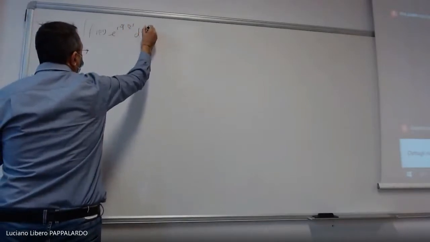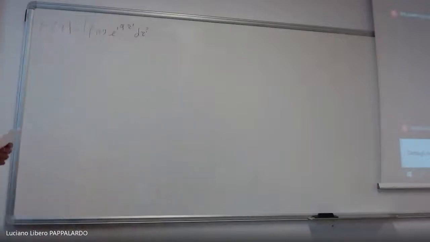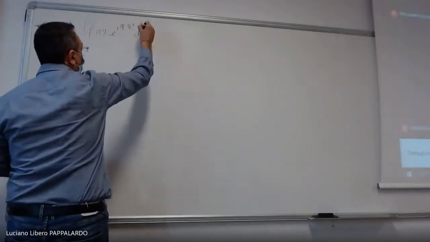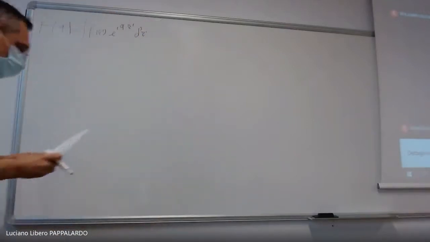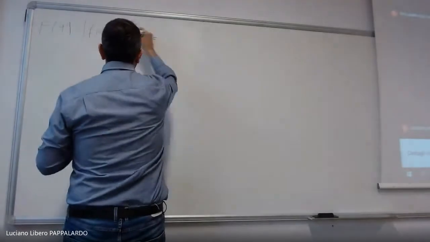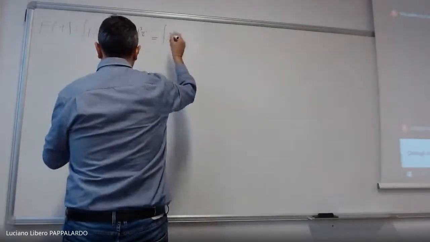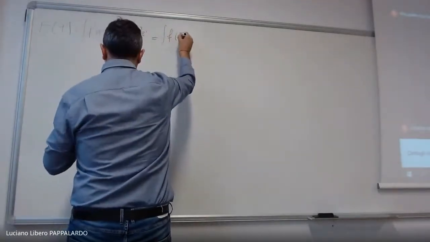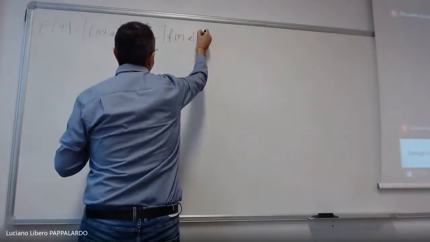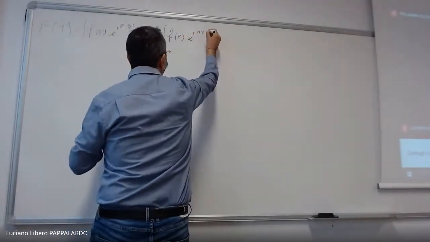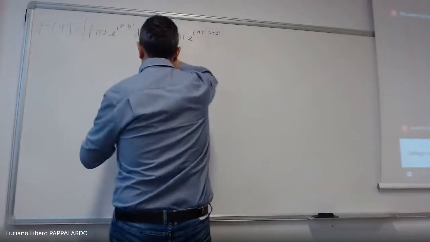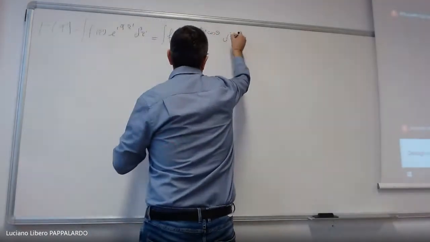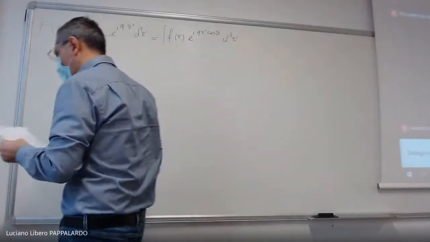Now, the scalar product gives us e to the i Q r prime cos theta.